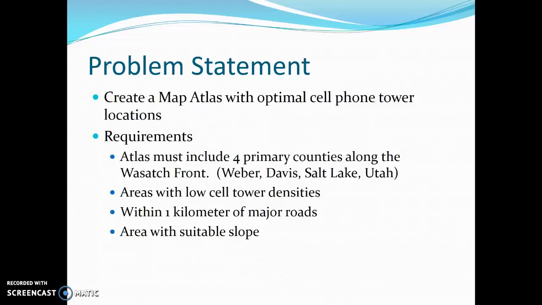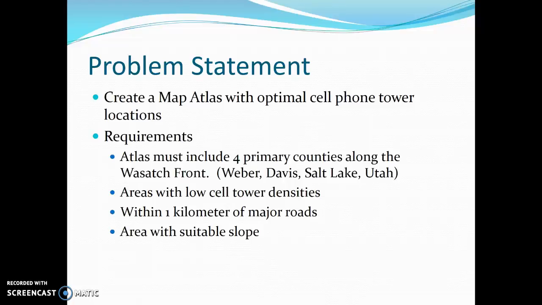First of all, the atlas had to include the four counties along the Wasatch Front, including Weber, Davis, Salt Lake, and Utah counties. Second of all, while running this analysis, we had to be able to identify areas that had low cell tower density, meaning that there's not a lot of existing cell phone towers.